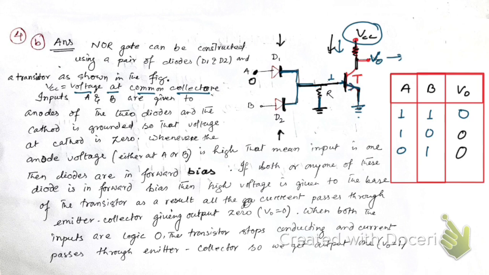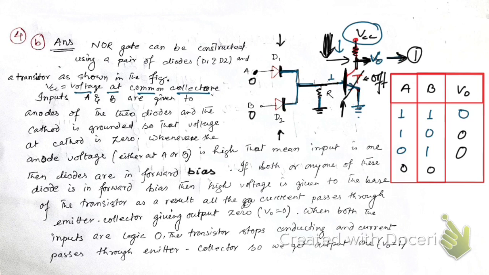When your inputs at both A and B are 0, then there will be no current to the base of the transistor, and the transistor is now off. In that case, the current coming from this VCC will go to this end instead of being grounded.